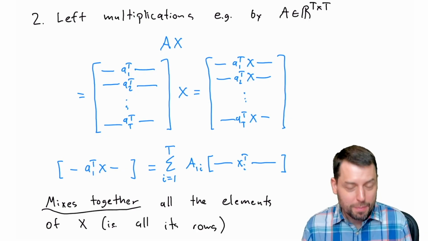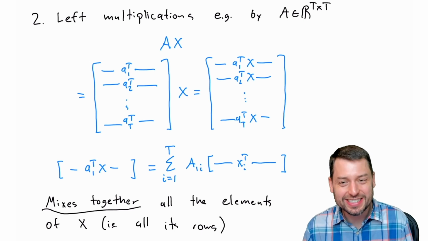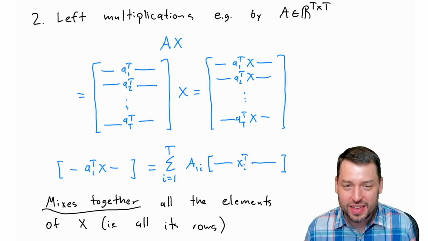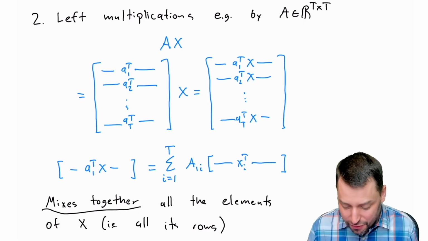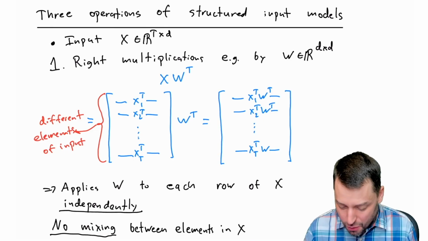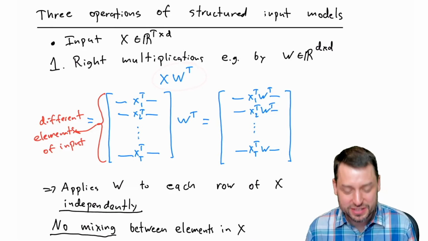They're also, by the way, by far the most computationally demanding aspects, and the vast majority of time in these models is spent performing either left multiplications or right multiplications of our representations.